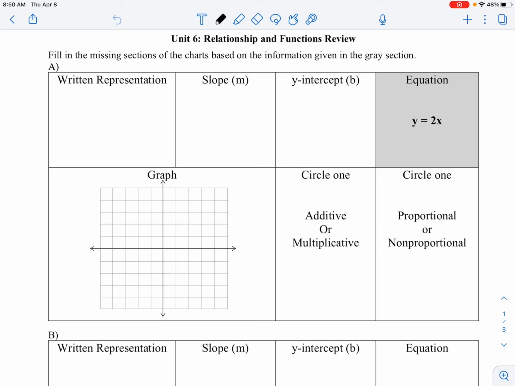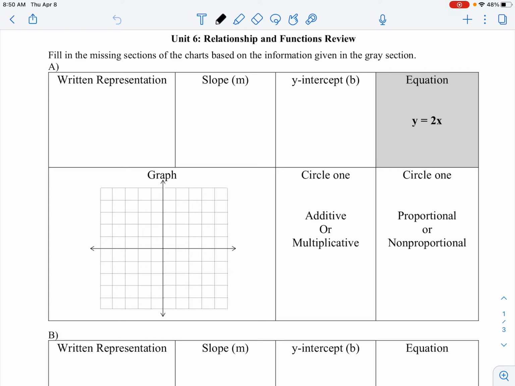We have a test tomorrow for Unit 6, so this is our test review. We've got 2 pages of guided review to do together, and then we have an independent practice that you are going to complete on your own after this.